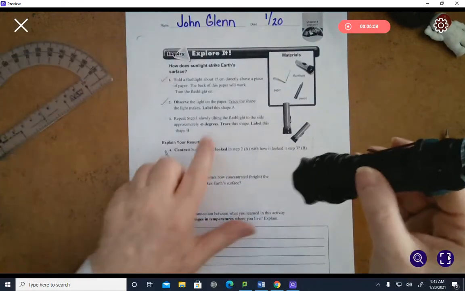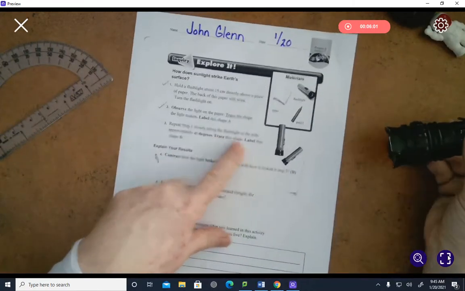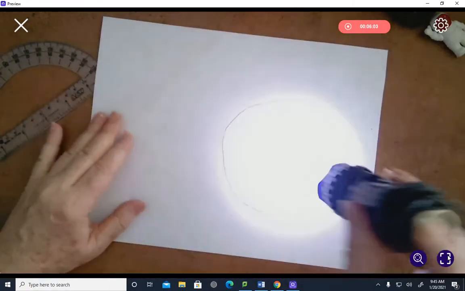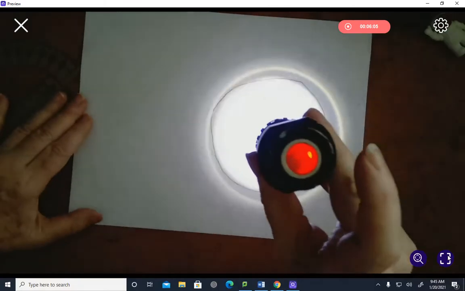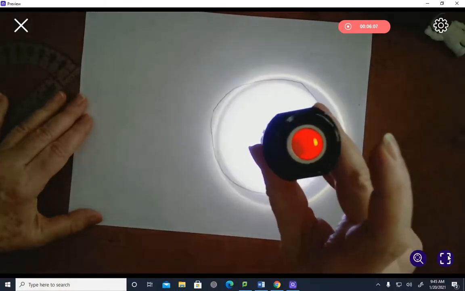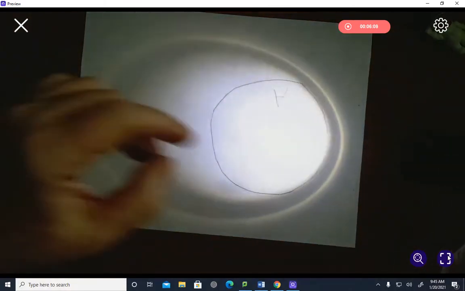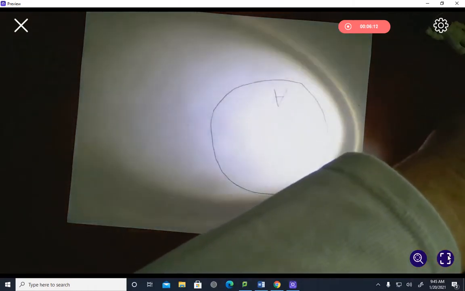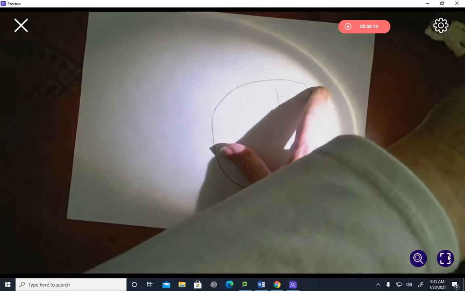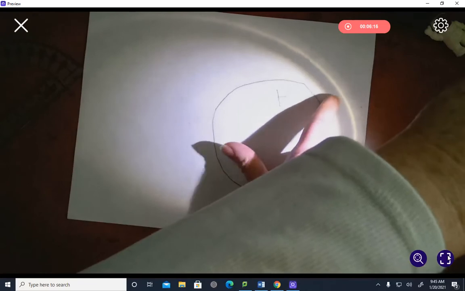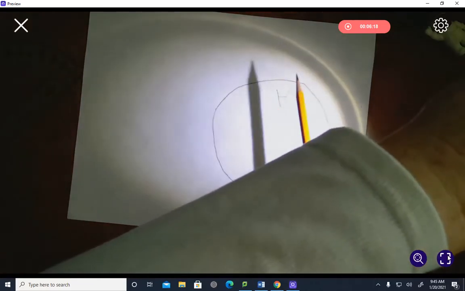So let's do that, and let's trace the shape, and let's label this shape B. So here's my A, and it's straight up and down, and now I'm going to go halfway this way, and then shape. Once again, I see those two circles, but I am going to try to just kind of lightly.